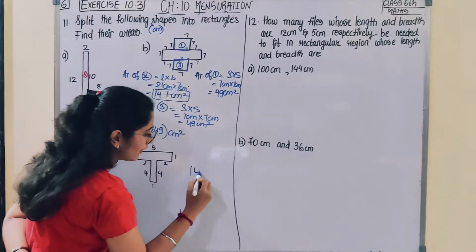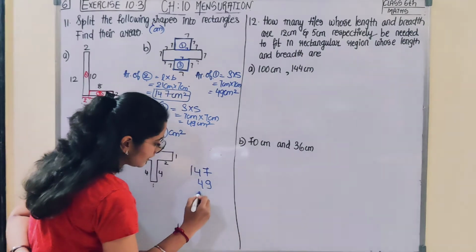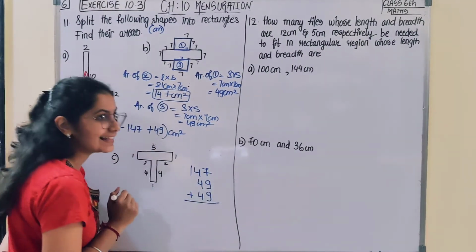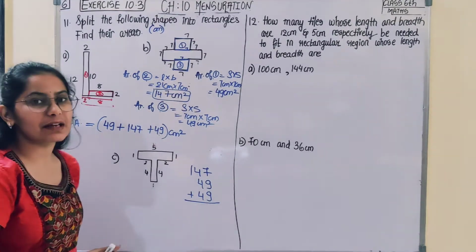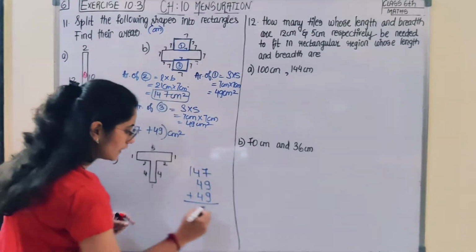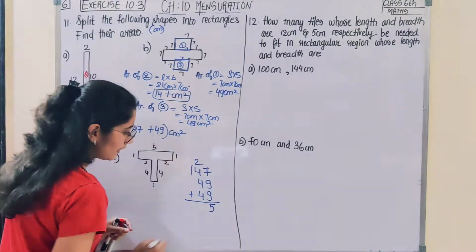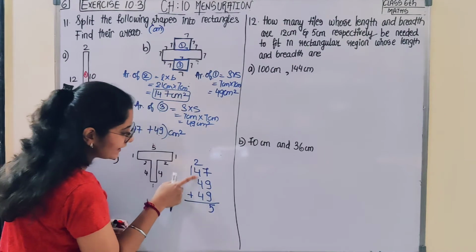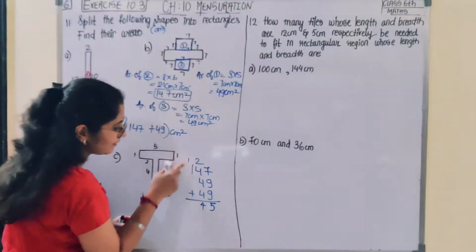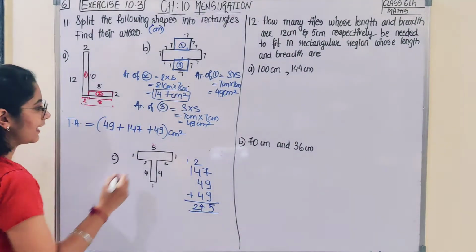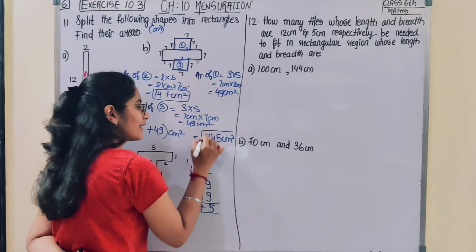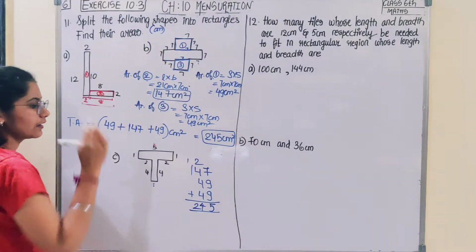Okay, let us calculate 147 plus 49 plus 49. 9 plus 9 is 18, 18 plus 7 is 25, so 25. 4 plus 4 is 8, plus 4 is 12, plus 2 is 14, 1 plus 1 is 2, 245. So that is 245 centimeter square is the total area of the given figure.